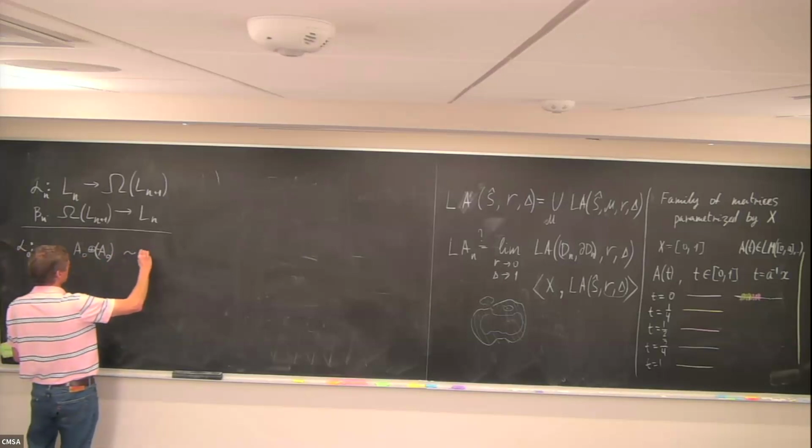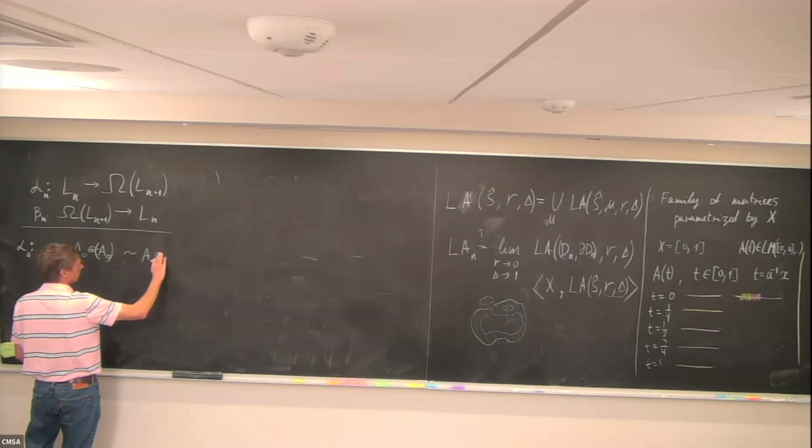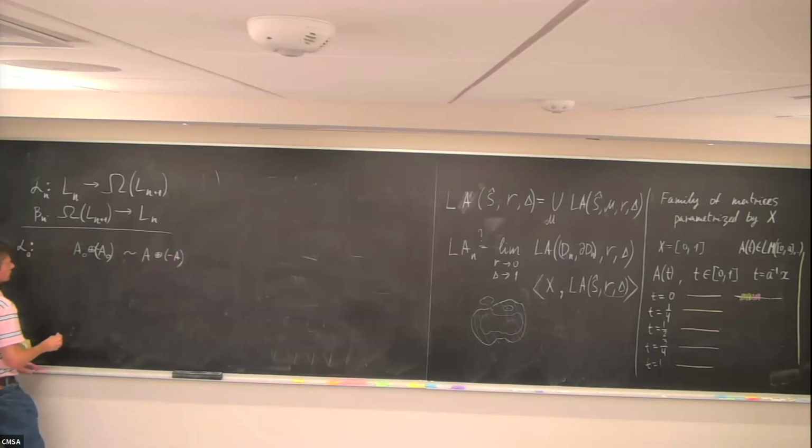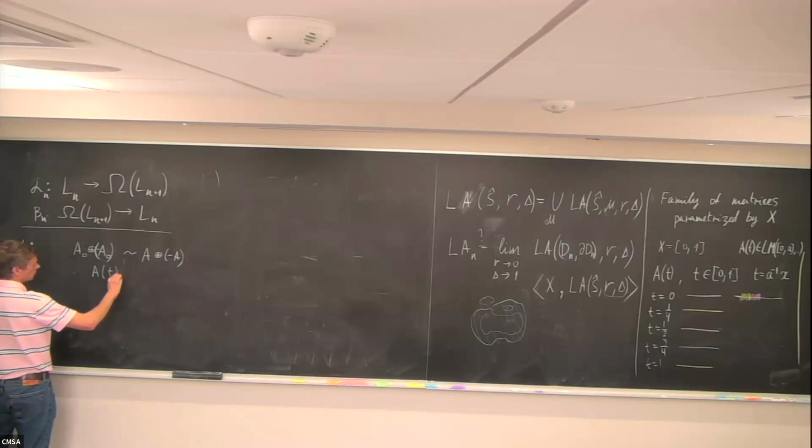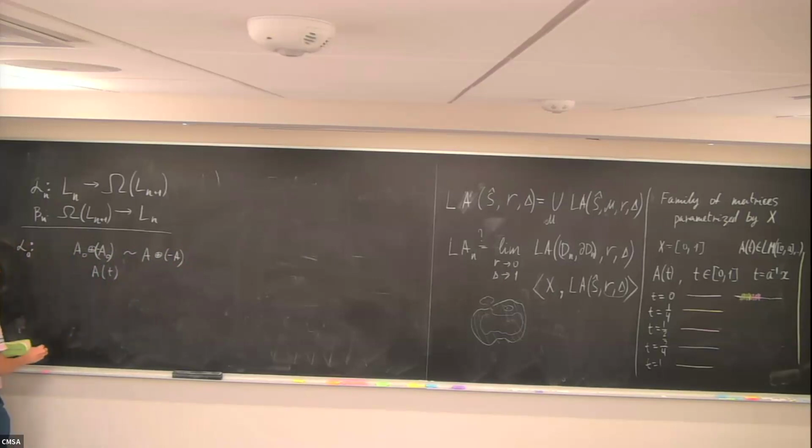And that is connected to A, minus A. There is a path, and that path is given by A of T. And now I will use this path to construct alpha 0 of A.